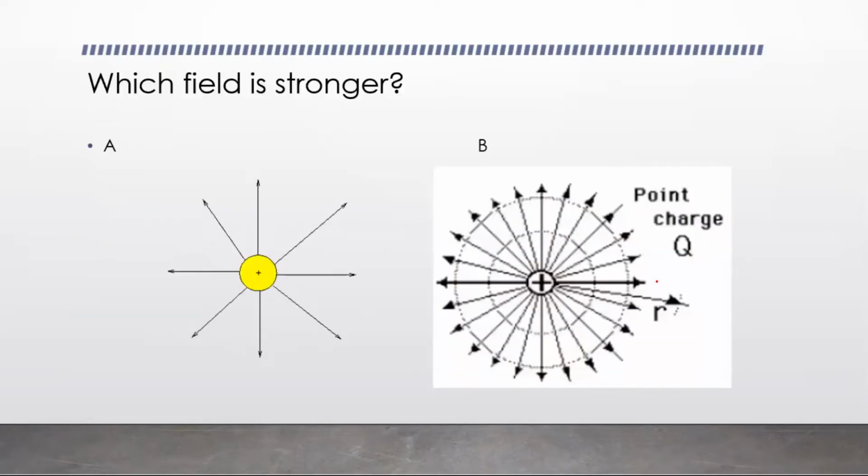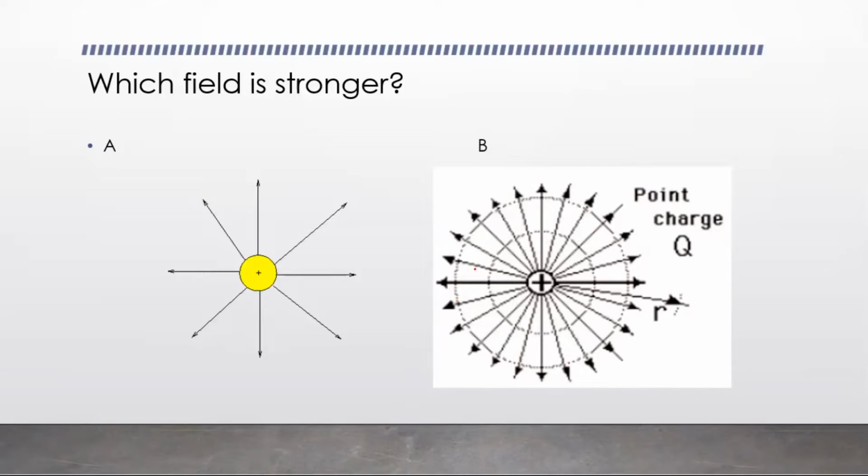So which field is stronger, letter A or letter B? Again, type your answer in the chat box. This is letter A. Which is stronger, do you think? Is it A or B?